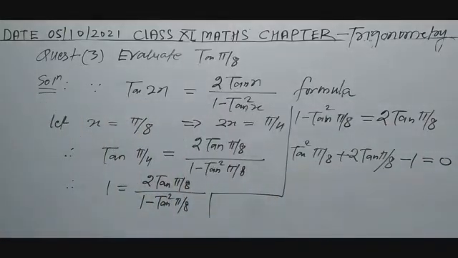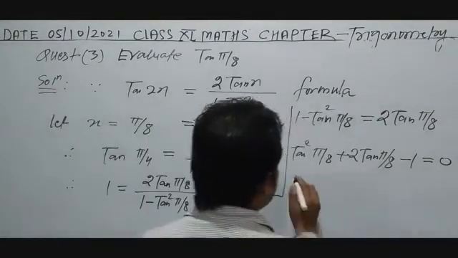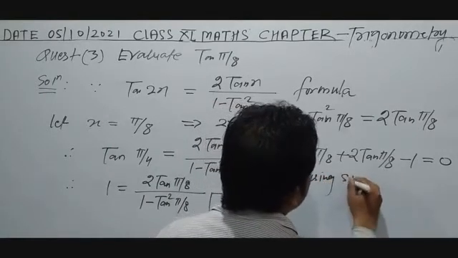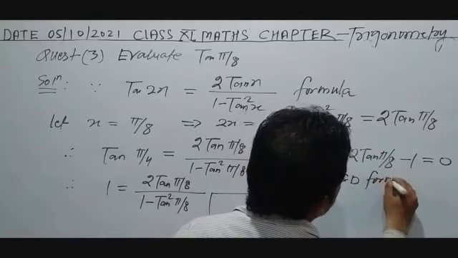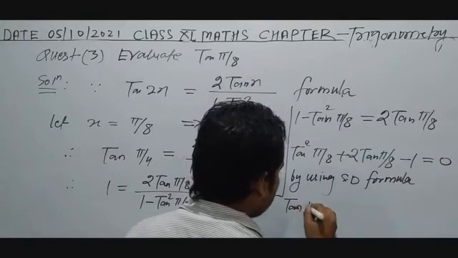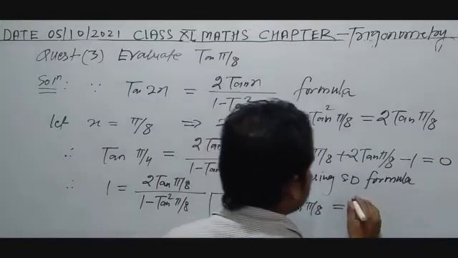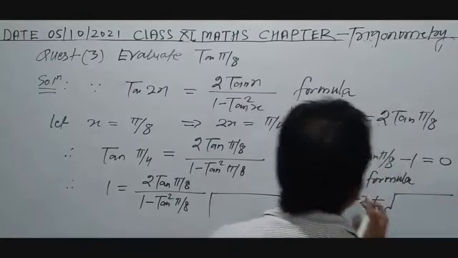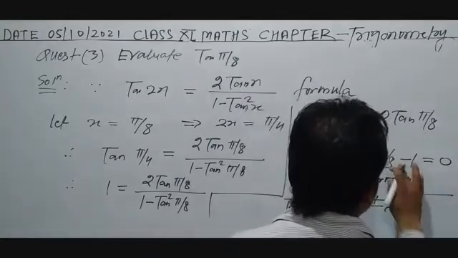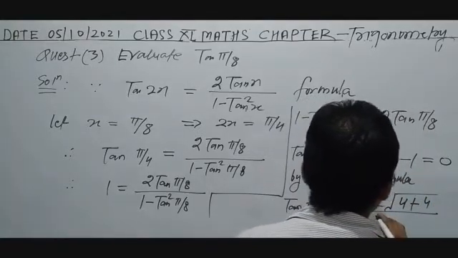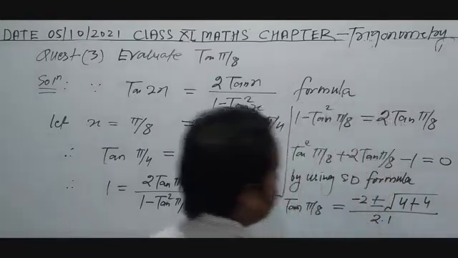See, this is in quadratic form, so by the Sridharacharya formula, tan pi by 8 we can write as minus 2 plus minus root over b square, which is 4, minus 4 times a into c, which will be 4, whole upon 2 times a, where a is 1.